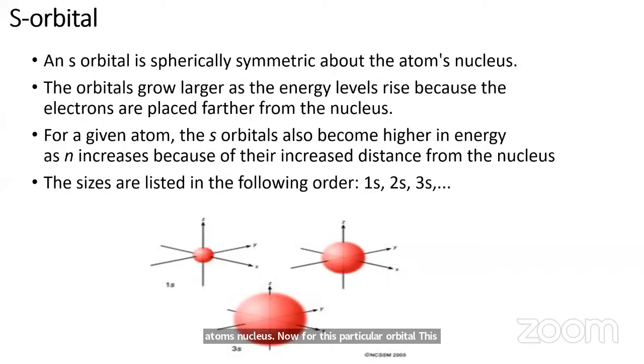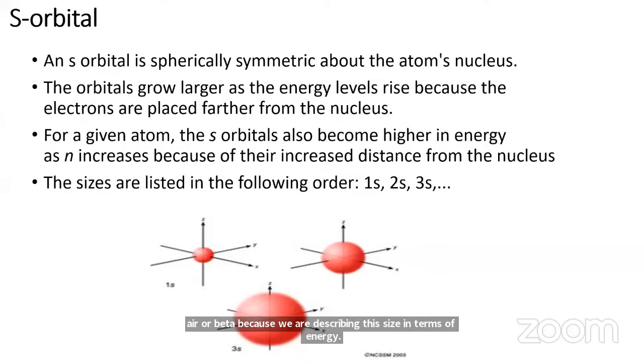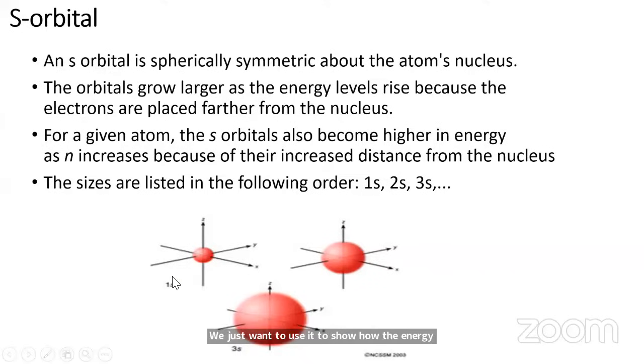Now, this particular orbital becomes higher in energy as the number n increases. We are describing the size in terms of energy, to show how the energy increases. For the 1s orbital, look at the energy. The energy is as small as this.